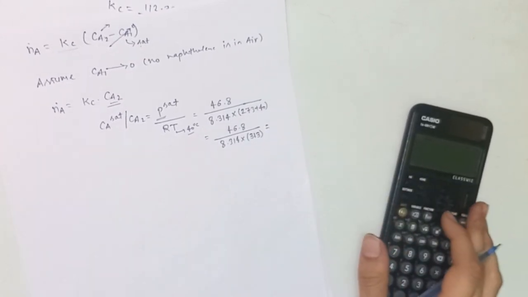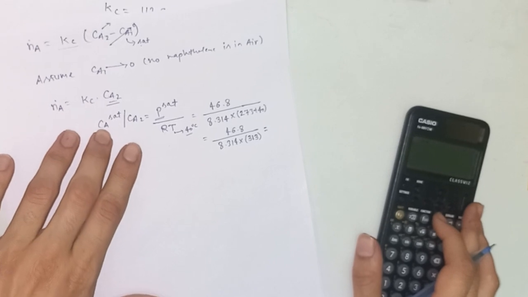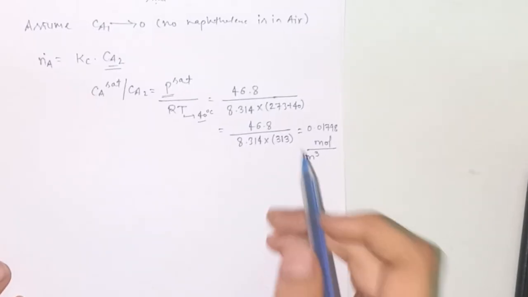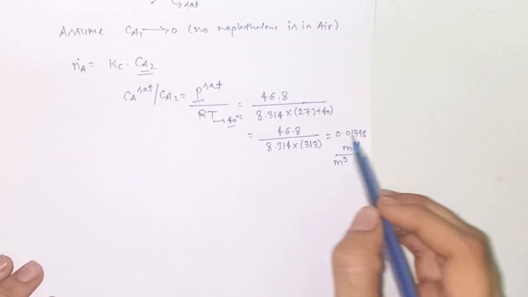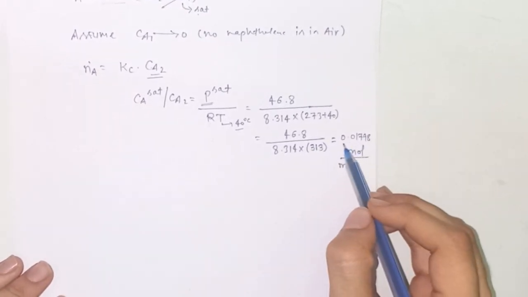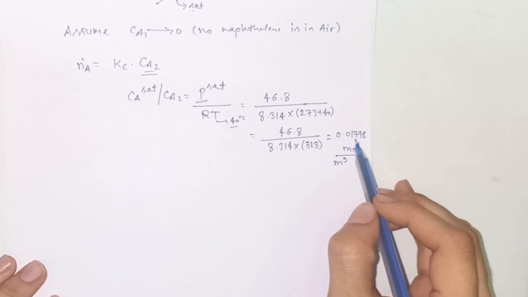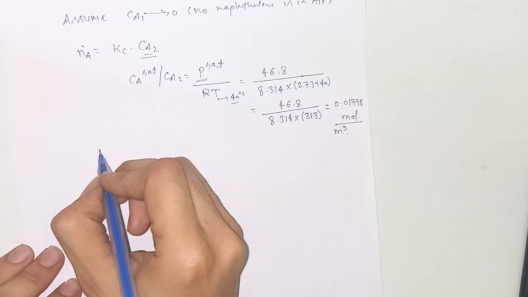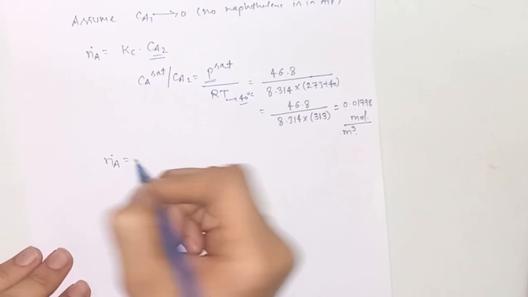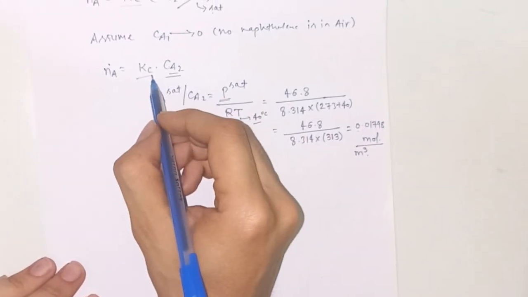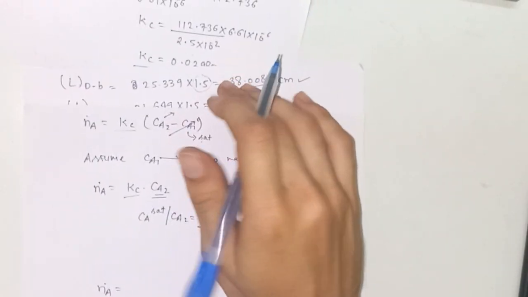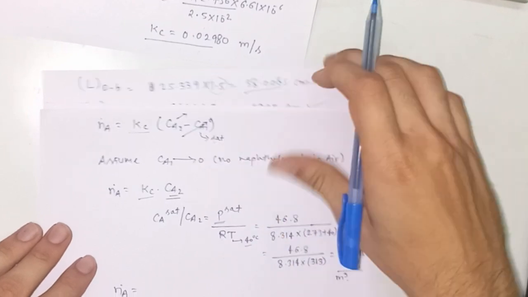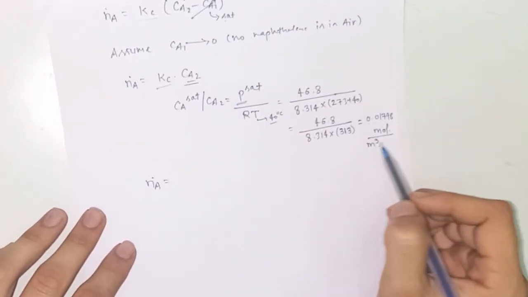So now we are going to calculate the value of the saturation concentration in the bulk of the naphthalene. We have calculated the concentration and the answer is 0.01798, and the unit is moles per meter cube. Now we are going to find the molar flux by simply putting the values of Kc that we have already calculated, that is 0.02980 meter per second, and the concentration we have already calculated.